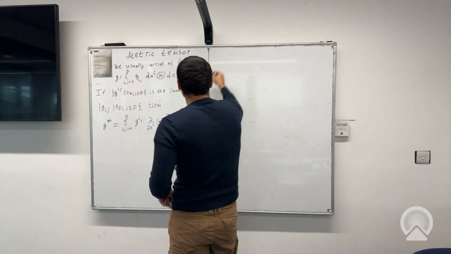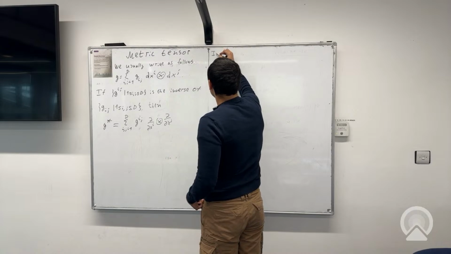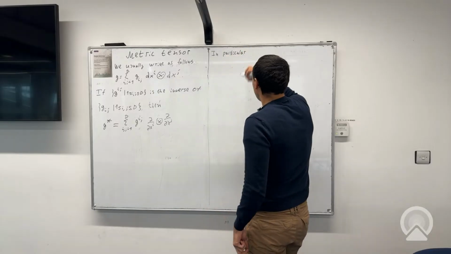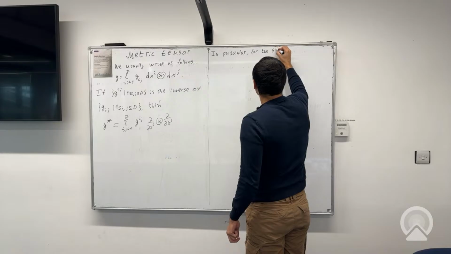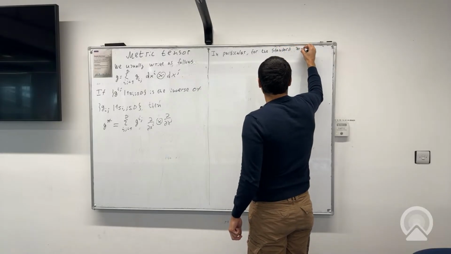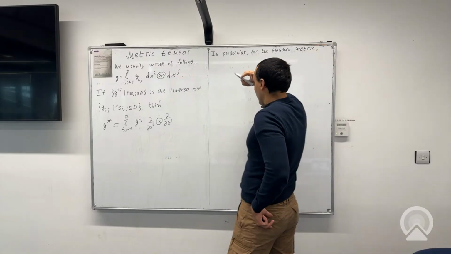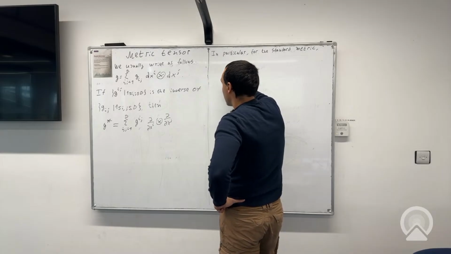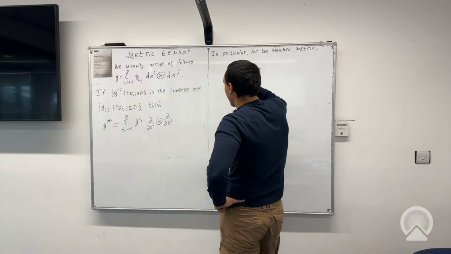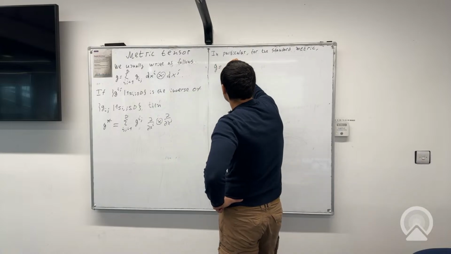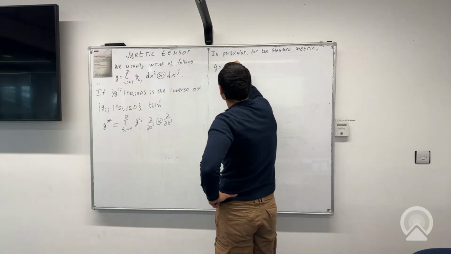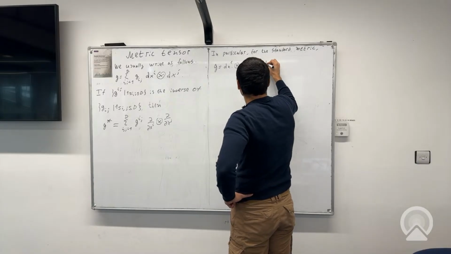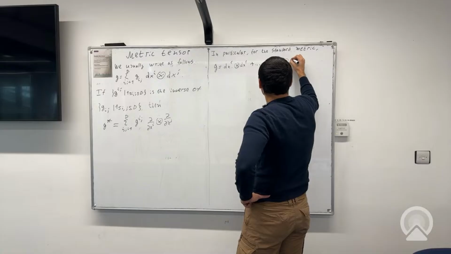Now, in particular, for the standard metric we have the following. g is delta_ij, so this is dx^1 tensor product with dx^1 plus up to dx^d tensor product dx^d.